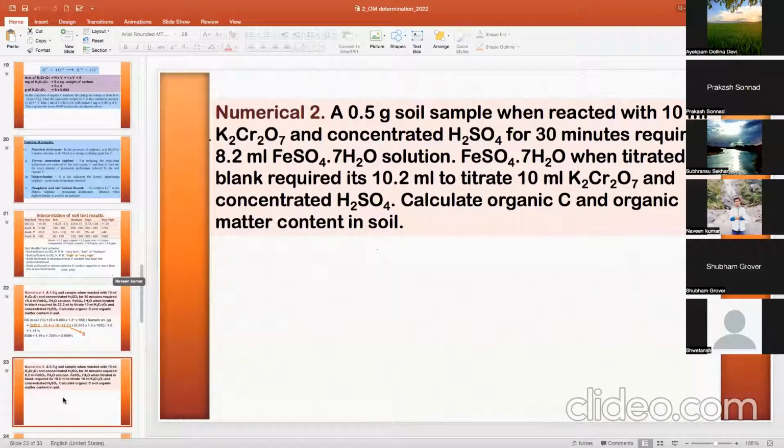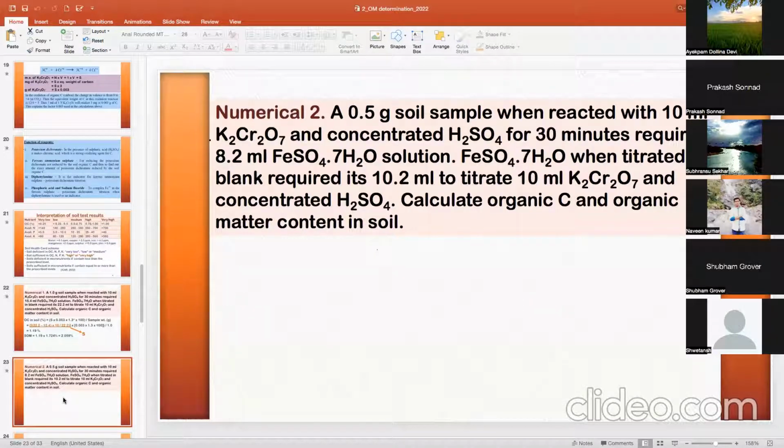Now, this is for you to do. Those who are attending the class may try to do it. Here, instead of 1 gram, the soil sample is 0.5 gram. When reacted with 10 ml K2Cr2O7 and H2SO4 for 30 minutes, it required 8.2 ml ferrous sulfate.